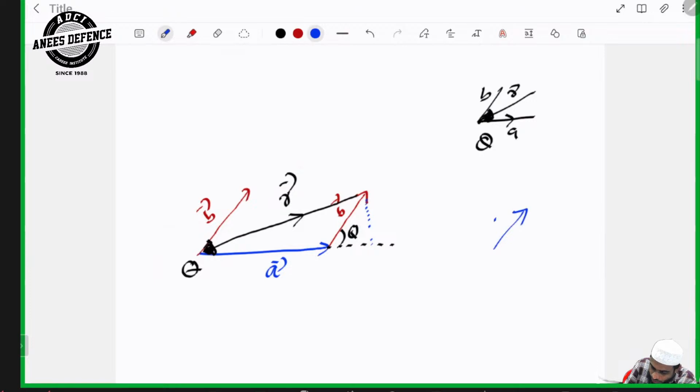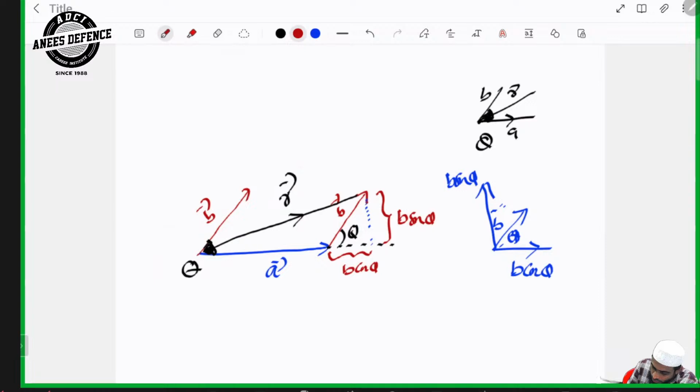Here you have a vector B at angle theta. This can be resolved into two components. Along the direction, B cos theta. In the perpendicular direction, B sin theta. So here you can write this will be B cos theta. This will be B sin theta.